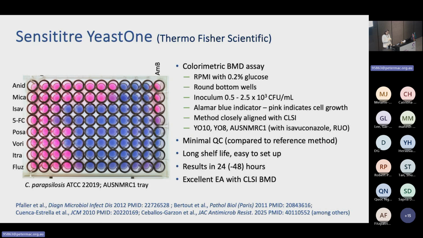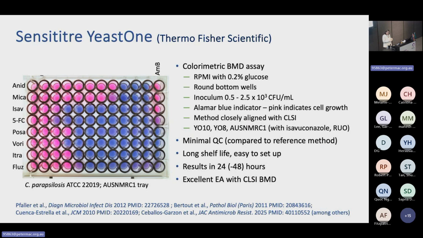The major difference is that it contains a redox indicator dye, Alamar Blue, which is quite nice because it can simplify endpoint reading, or it can confuse the lab staff, one of those. Many studies have shown that the MICs are comparable to those produced in the CLSI reference method.